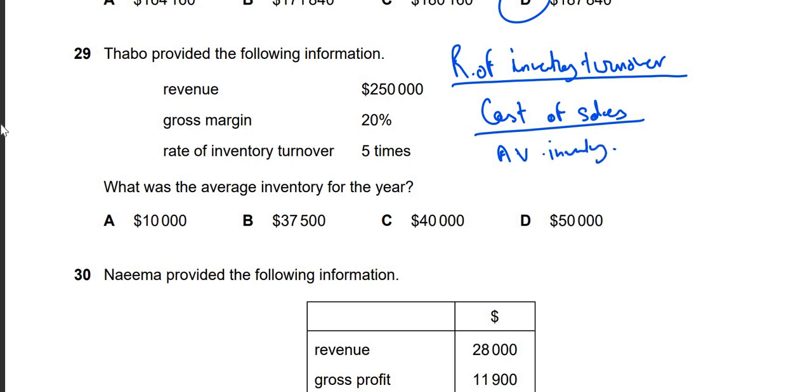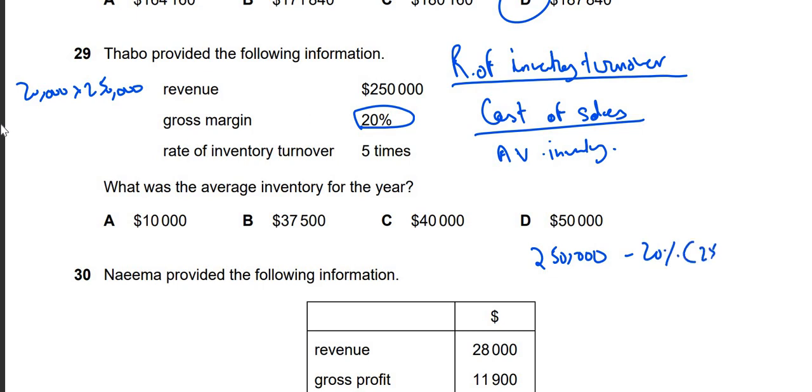So cost of sales are going to be 250,000 minus gross profit, which is 20% of 250,000. So you will subtract 20% of 250,000 and divide it by average inventory, which we don't know, but inventory turnover is 5, so 5 equals that. Once you solve, you will get an answer of 40,000.